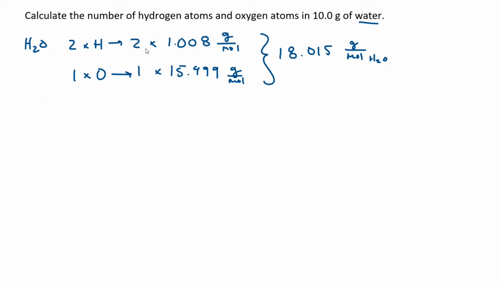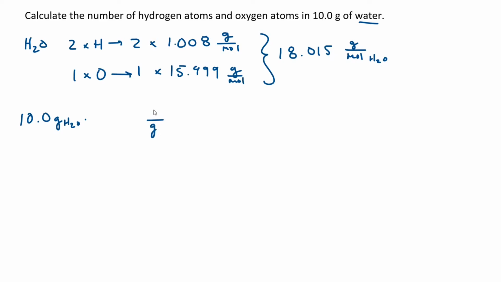Okay, so now to calculate the number of atoms from 10.0 grams of water, we'll start with what we know. So we're going to start with 10.0 grams of H2O. And now we want to start converting units from grams towards atoms. So the first step that we're going to take is to use this conversion factor, the molar mass that we just determined, and we want to cancel out the grams.